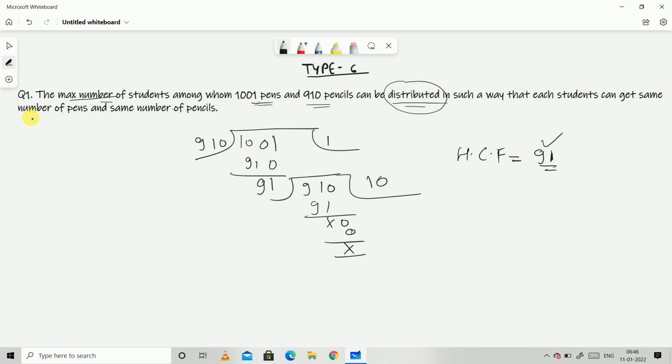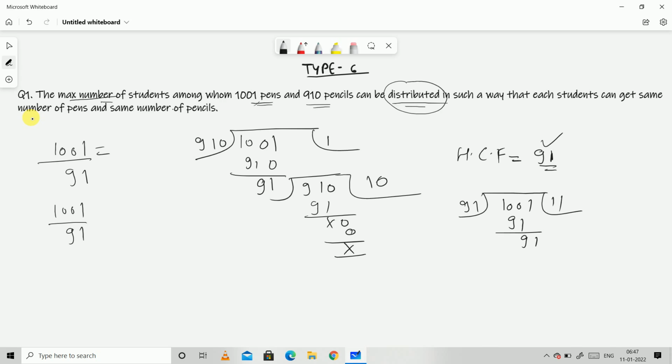Now in this question, if they had also asked how many pens and how many pencils each student is going to get, then what you will do? Yes, obviously you are going to divide the number of pens by the HCF and the number of pencils by the HCF. So if I divide 1001 by 91, it will go 1 time, 91 will be left, again it will go 1 time.